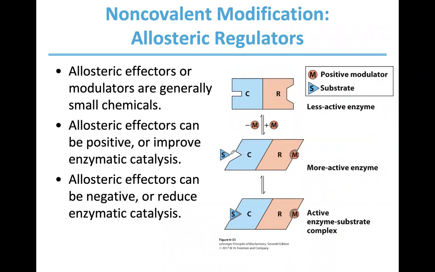And so the substrate can be accommodated now, right? If the substrate cannot come in here, it can easily come in here after the positive modulator has bound. So this is the main idea for the allosteric regulators.